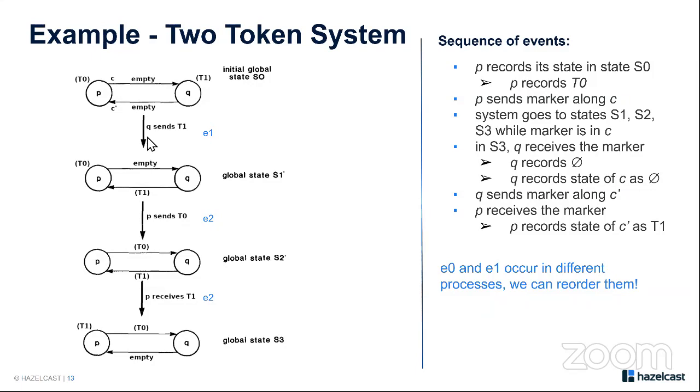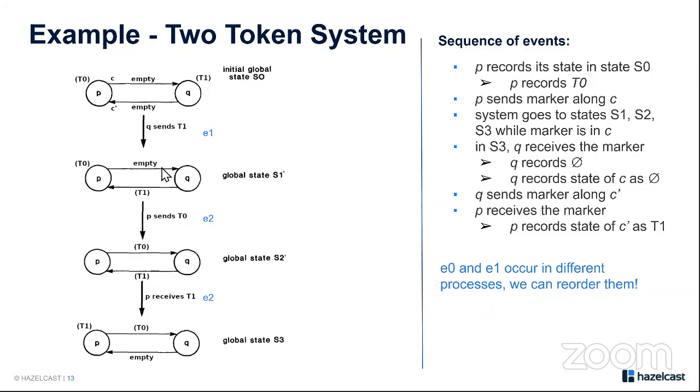And when we do this, the state after the last pre-recording event is the state that we have recorded. So in this case, Q sending T1, this event 1, occurred before Q recorded its snapshot. So we need to move it before this event. This was supposed to be 0.